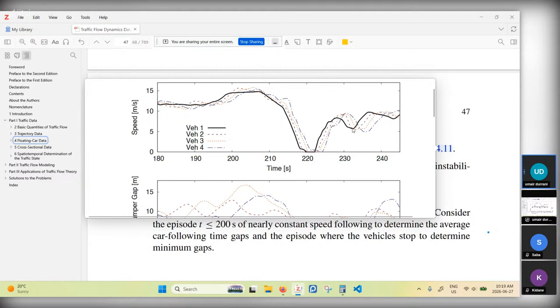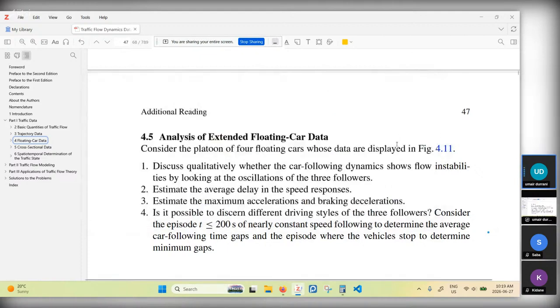And this one here is definitely above 5. So the difference does seem to be 3 meters per second. Yeah, so there is a difference between the oscillations of the leader and the oscillations of the last follower. And according to the answer, it is indicating string instability, but local stability. And we'll get to chapter 16 to figure out what that means.